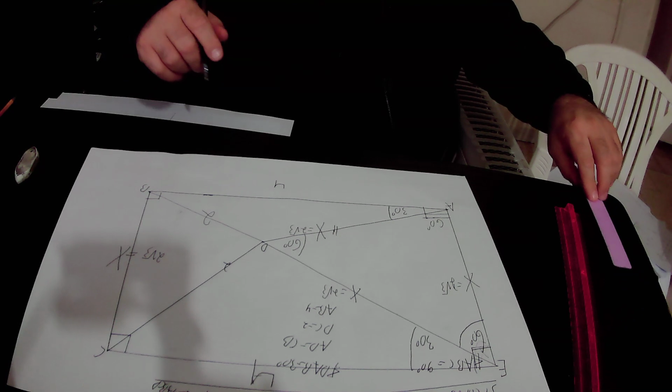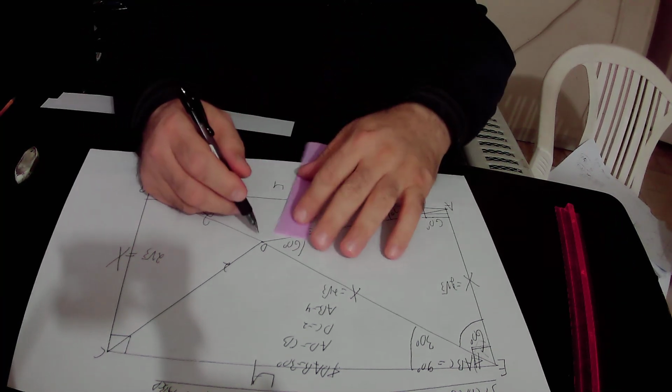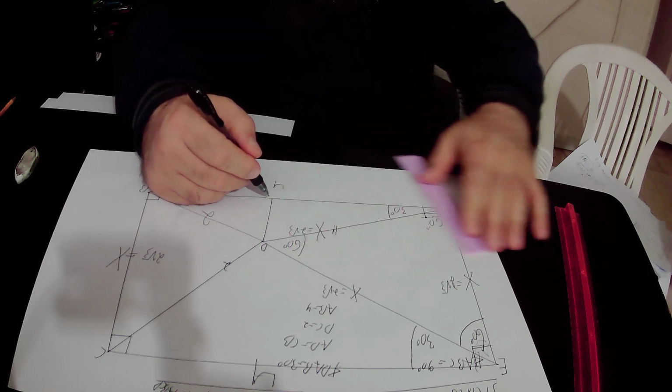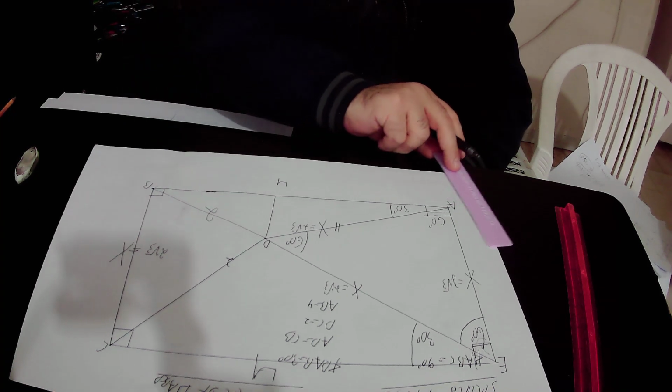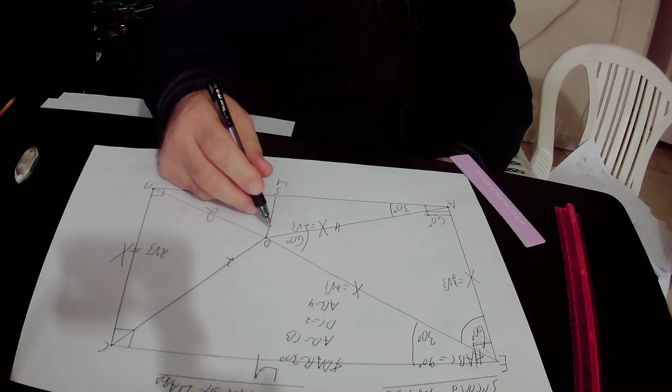Here we will draw a perpendicular from point D to AB. We will define the touching point between the perpendicular from point D to AB as point S. We will define line segment DS as h.